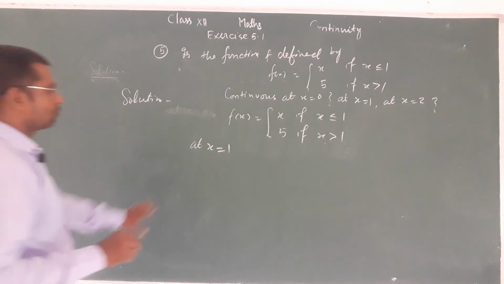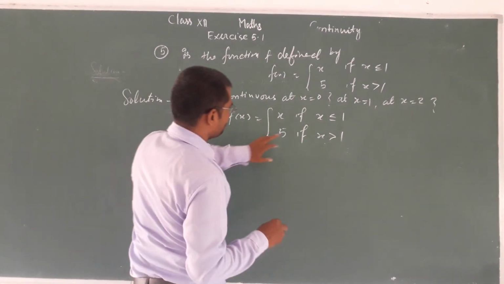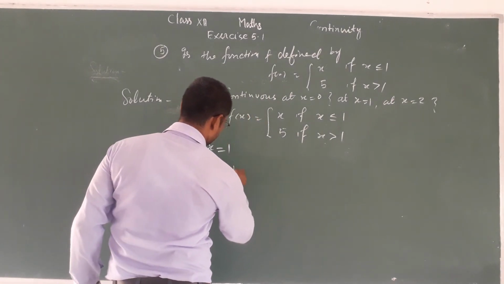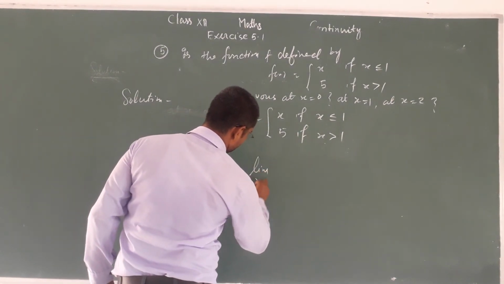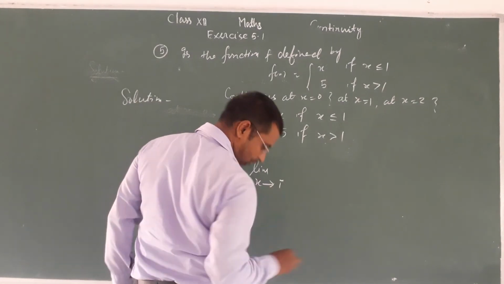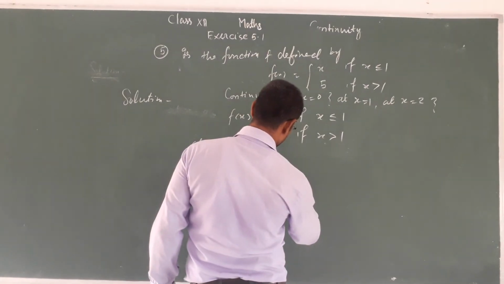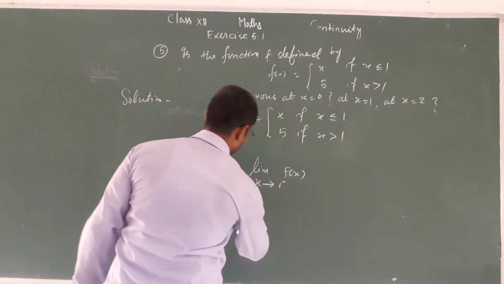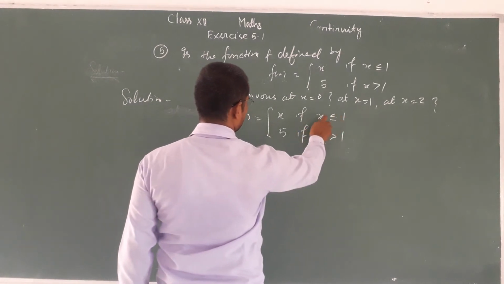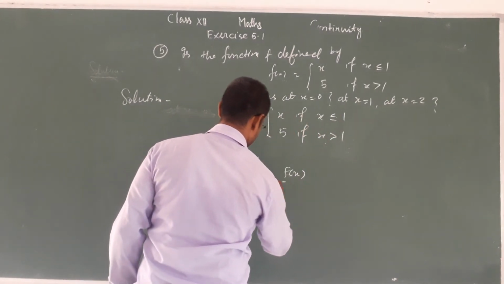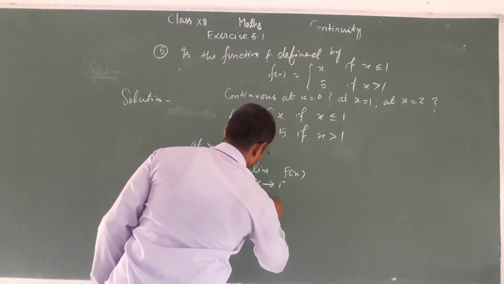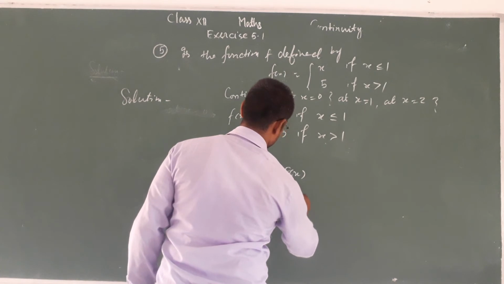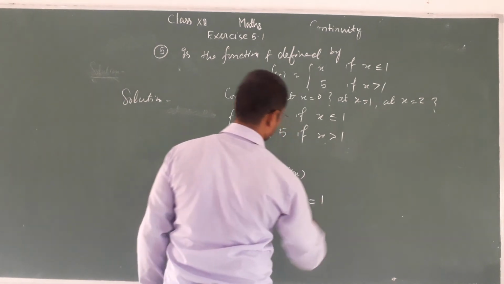If x is less than 1, the left hand limit, x tends to 1 negative, of f(x), where f(x) is equal to x, is 1.